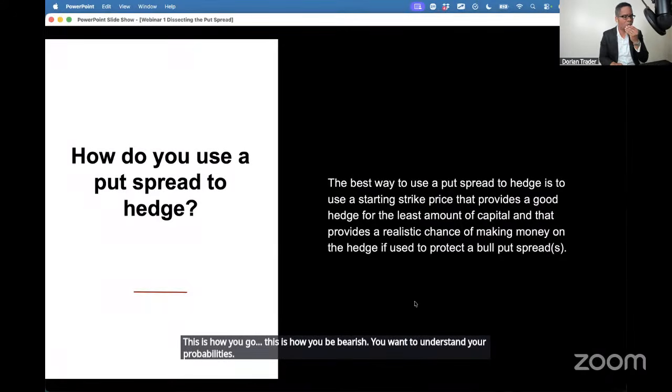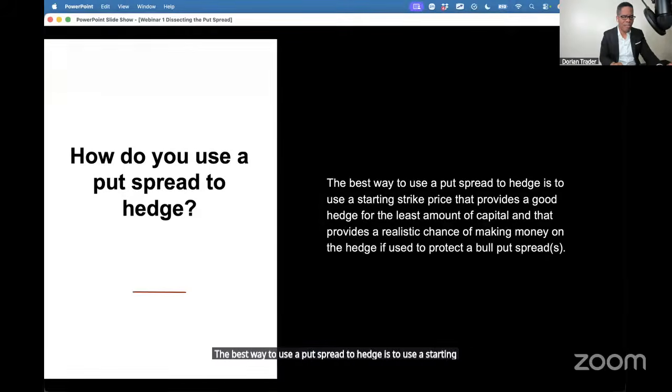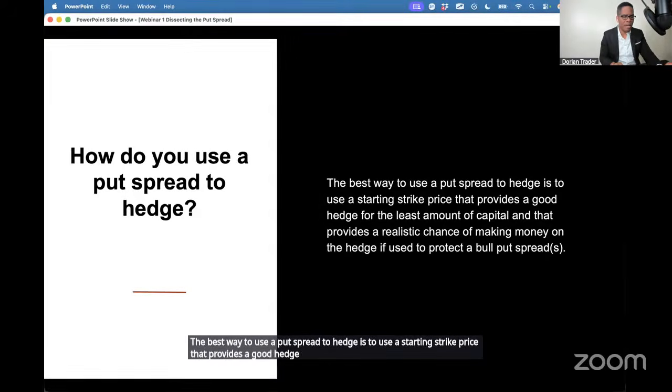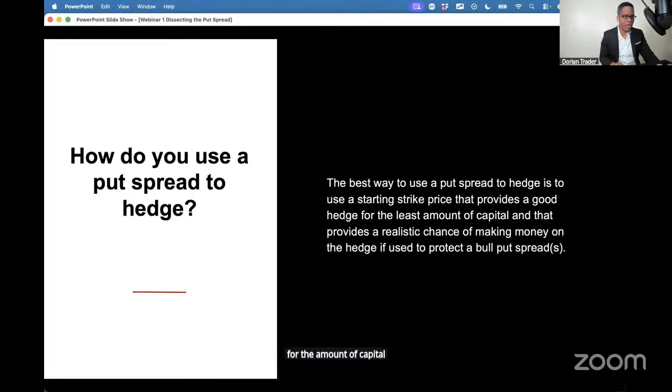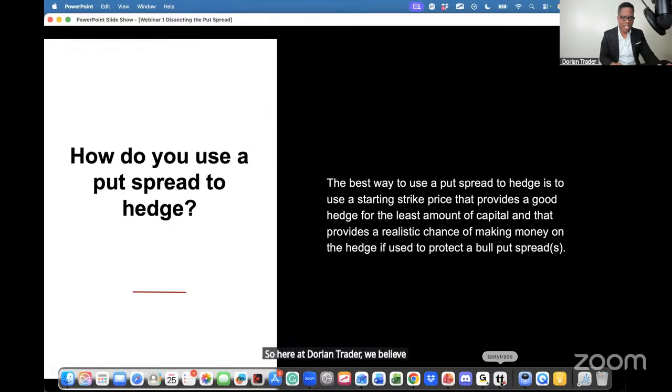So, how do you use a put spread to hedge? The best way to use a put spread to hedge is to use a starting strike price that provides a good hedge for at least the amount of capital and that provides a realistic chance of making money on the hedge if used to protect the bull put spread. Here at Dorian Trader, we believe that's at or near the 30 delta.